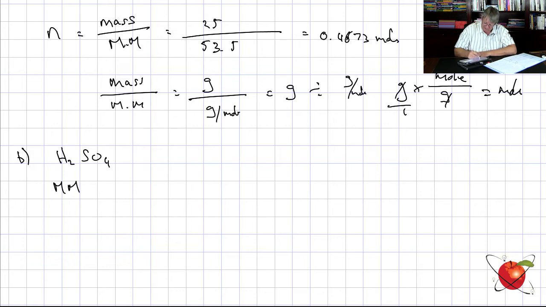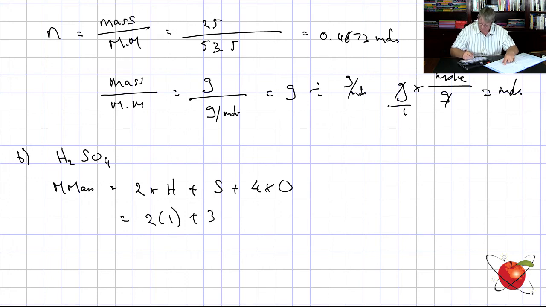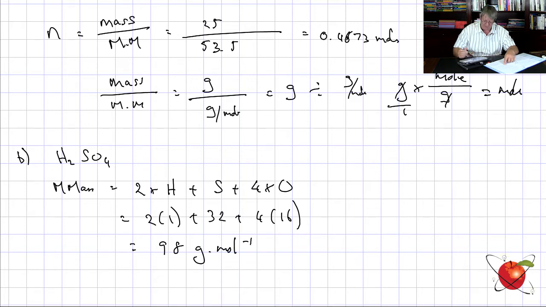Now, the next one is they say, calculate the molar mass of H2SO4. Right, so my molar mass is going to be 2 times hydrogen plus sulfur plus 4 times O. 2 times 1, plus S was 32, plus 4 times 16, which is going to be 98 grams per mole.